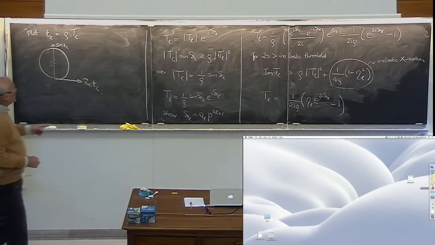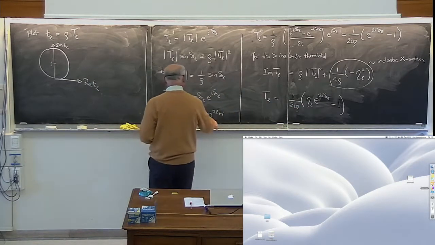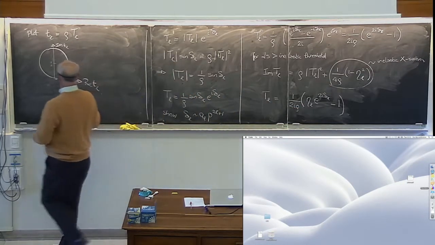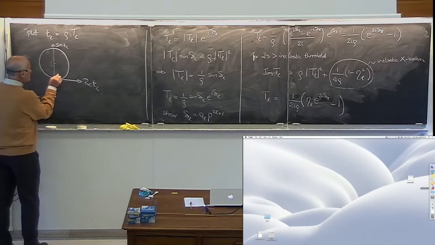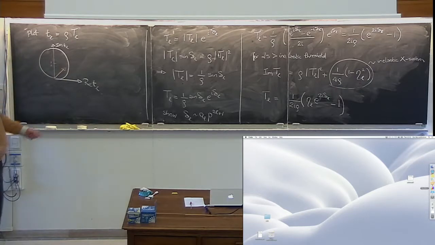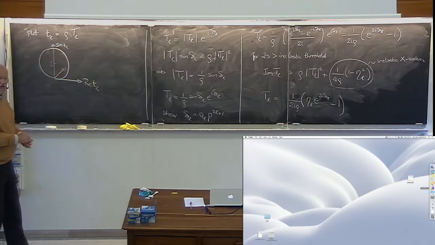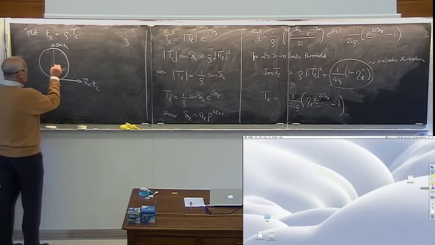And then this amplitude here, in general, is a vector like that. So the vector T_L would be inside this circle, where if I draw that line, this has length eta over 2, and that angle is 2 delta.